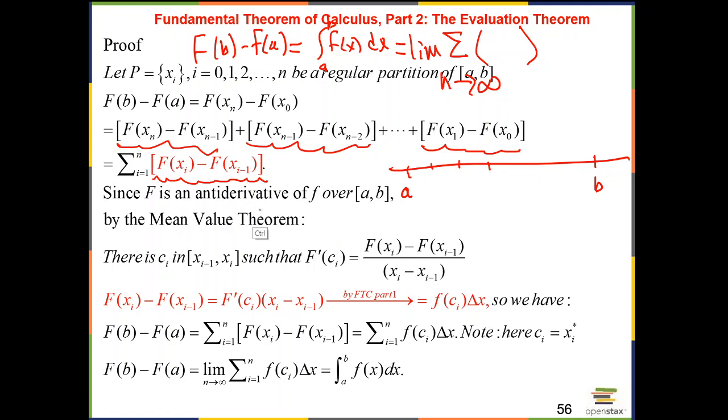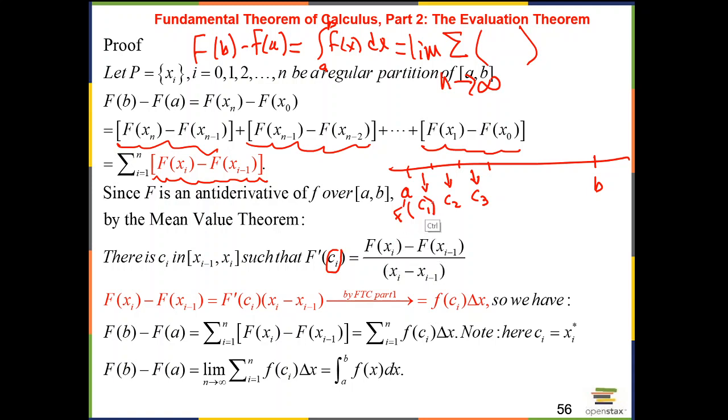So according to the mean value theorem for derivatives, for every partition of this a to b, we have a c here, c1, c2, c3, such that f prime at c1, that means derivative of the area function at c1, has to equal the slope of the secant line from x sub i minus 1 to x sub i.